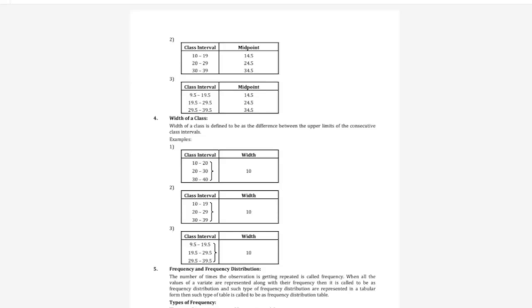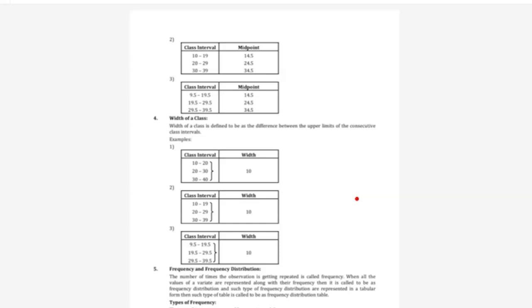Now, when I'm using the word difference, difference means it is a subtraction. Difference means subtraction of the consecutive.